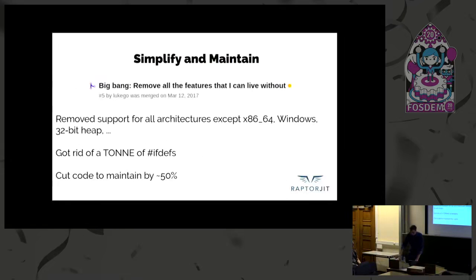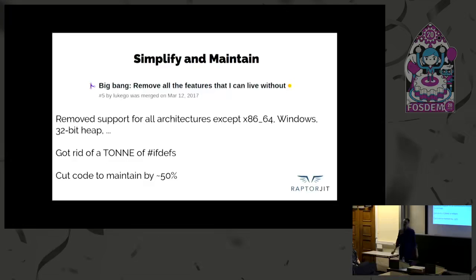In order to simplify and maintain the code, we are doing a big spring clean. So here's this pull request titled, Big Bang, remove all the features that I can live without. And yeah, it says merged. That's the purple icon on the left there.